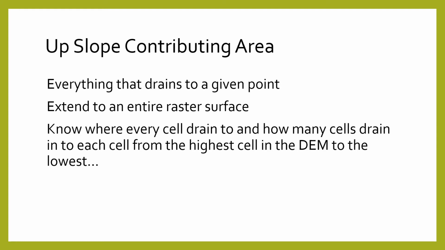If it does that, then the cell that has the highest value in the upslope contributing area is the cell that has the largest area in the DEM. It's also likely one of the lowest cells in the DEM. Now, it can get a little squirrely because you can have some odd things along the edges of a DEM if they're not clipped, for example, to a watershed, if they're just arbitrarily selected.